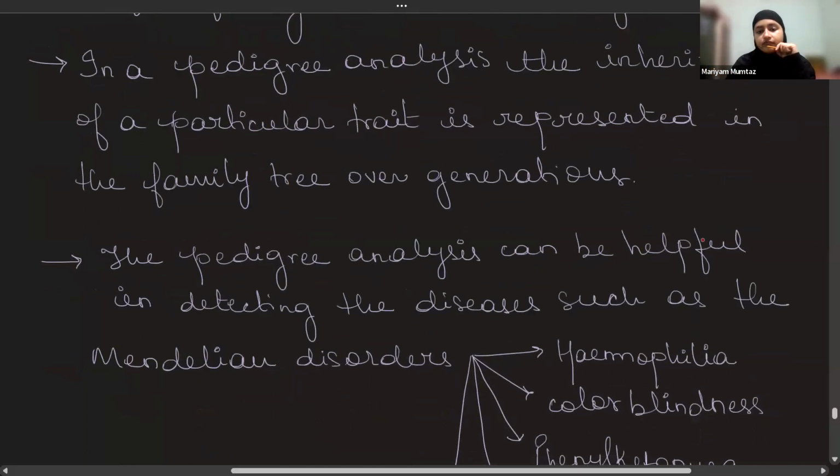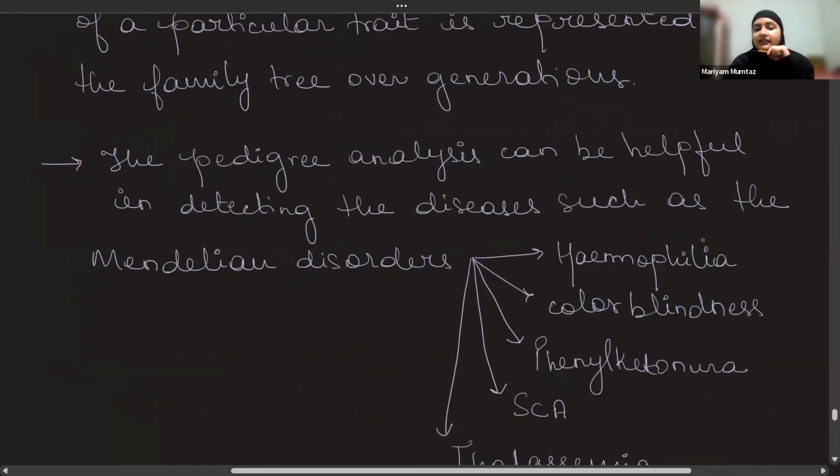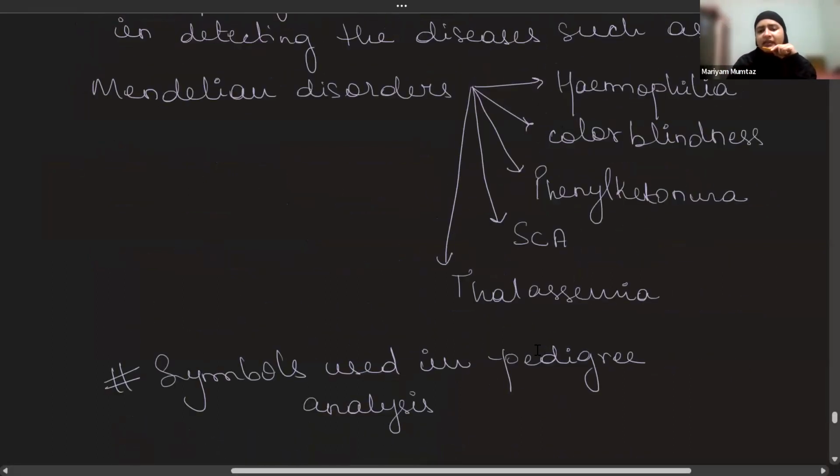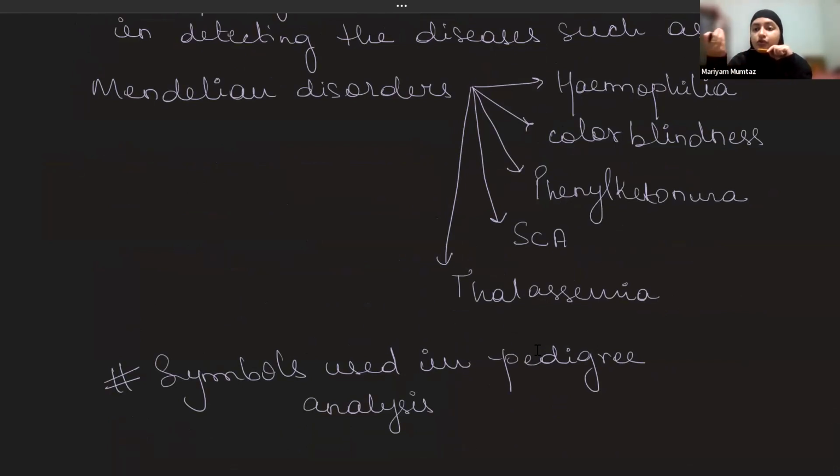Pedigree analysis can be helpful in detecting diseases such as the Mendelian disorders, like hemophilia, color blindness, phenylketonuria, sickle cell anemia, thalassemia, and myotonic dystrophy. All of these, or the source of these diseases, can be detected with the help of pedigree analysis.